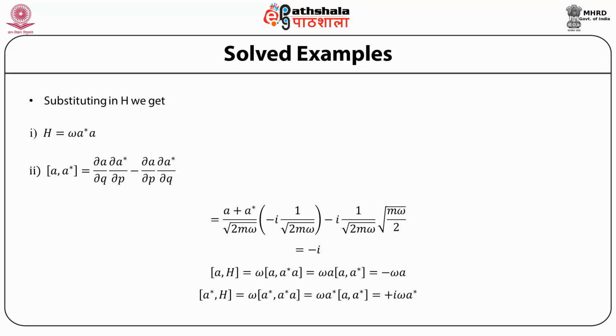And likewise, the Poisson bracket of a with H is very easy to obtain because H is omega a star a, and from the property of the Poisson bracket, the Poisson bracket of a with H is simply equal to omega a times the Poisson bracket of a with a star, which is equal to minus i. Therefore, the Poisson bracket of a with H is minus i omega a, and the Poisson bracket of a star with H is i omega a star.